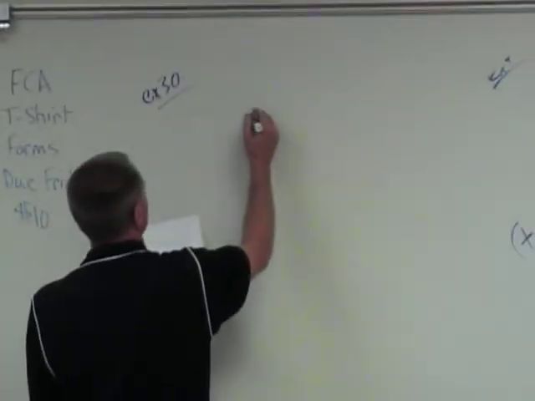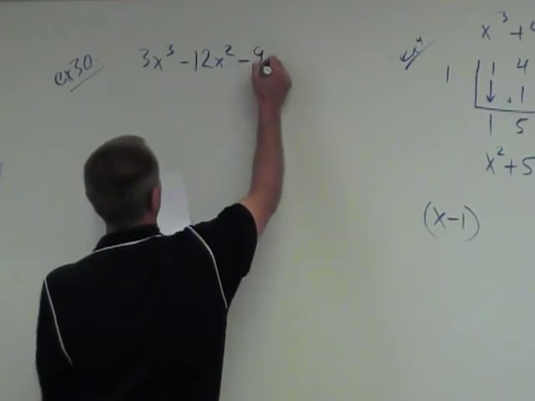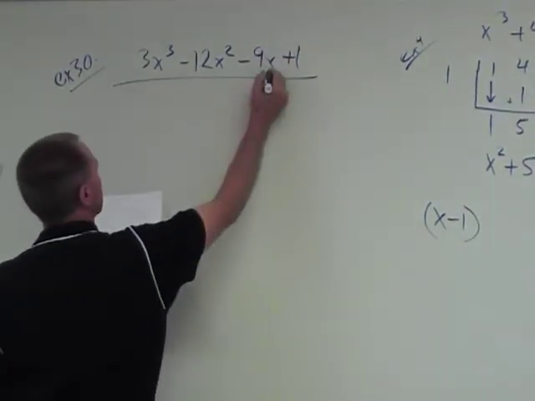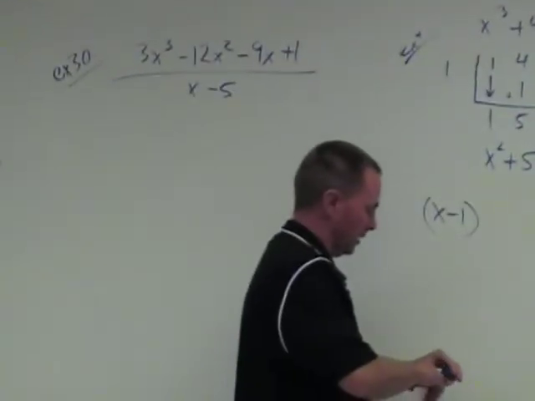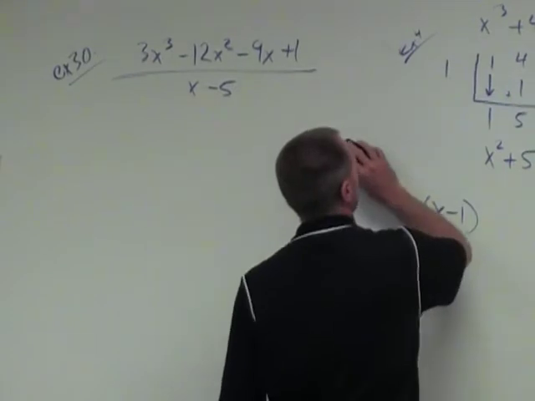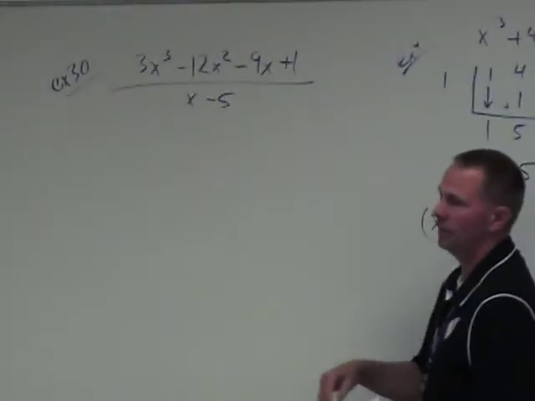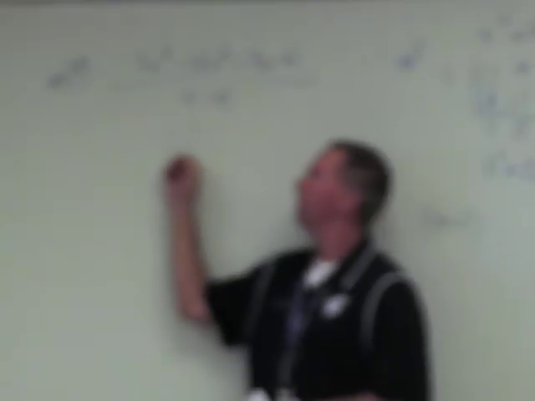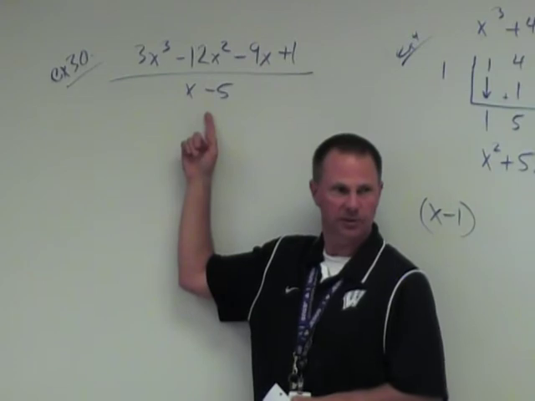Synthetic division, everybody do this one. I'm just going to write this out, you do the synthetic division. So that's your polynomial in division. You set up your synthetic division. I want to know if 5 is a 0.